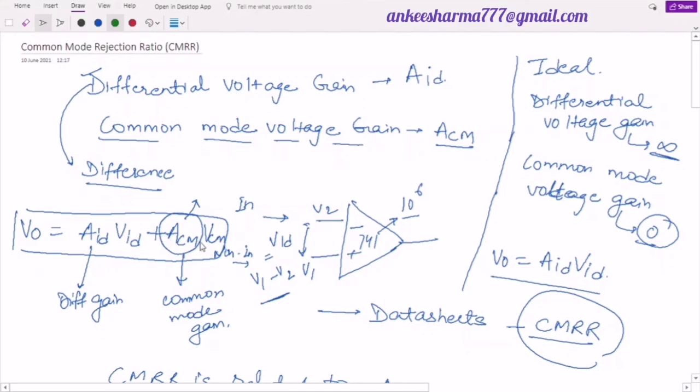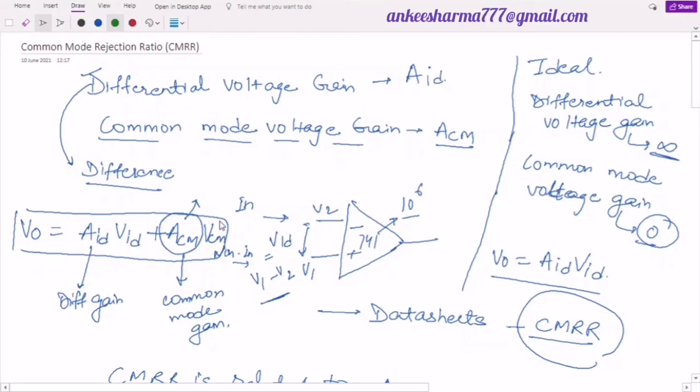But in addition to that, we are also amplifying our common signals with some gain. So I want this gain ACM to be very small. Why? Because if it is small, then this product will be small and your output voltage will become almost equal to your gain into the differential voltage, so only your differential inputs will be amplified.